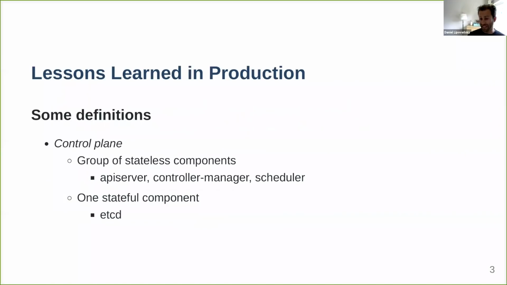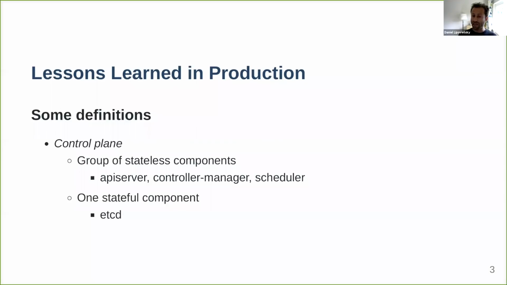So why does etcdadm exist? I want to talk about some of the lessons that we've learned in production. Before I go into those, I just want to set one definition, which is the control plane. When you think about the Kubernetes control plane, think of a group of stateless components, which is the API server, accepting all the requests and responding to them.